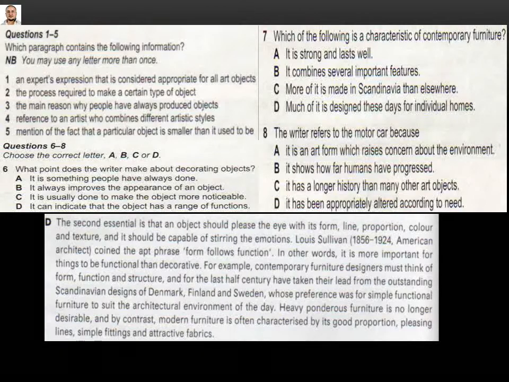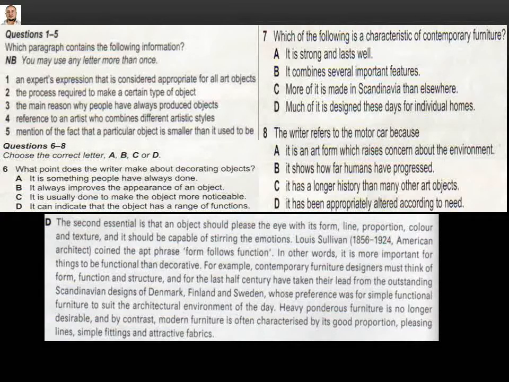Let's come to D. Here it says the second essential is that an object should please the eye with its form, line, proportion, color, and texture, and it should be capable of stirring the emotions.